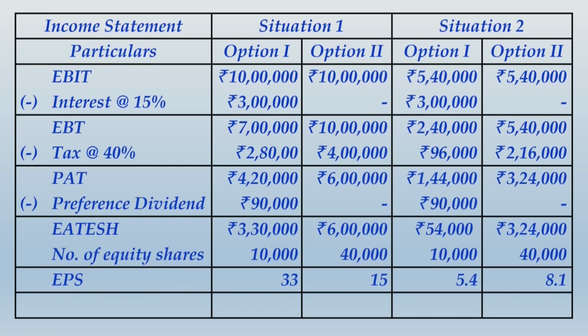And when you divide earnings available to equity shareholders by equity shareholders' funds, which is 10 lakhs in case of option 1 and 40 lakhs in case of option 2, you will be getting that in terms of percentage, that is rate of return on equity shareholders' funds.